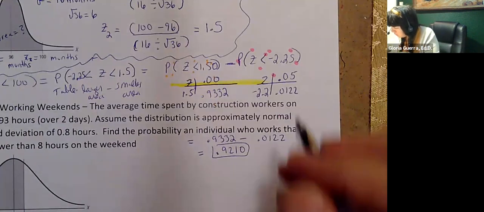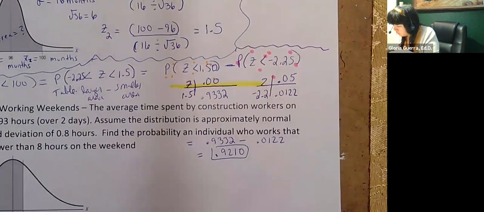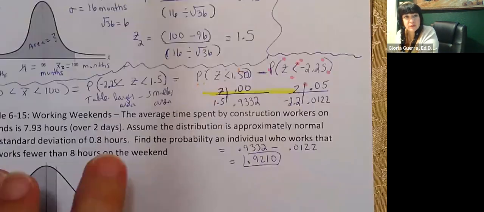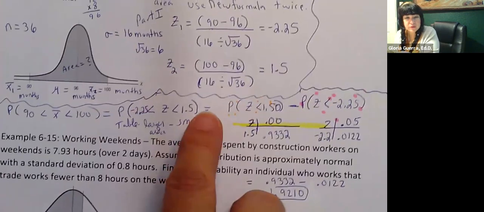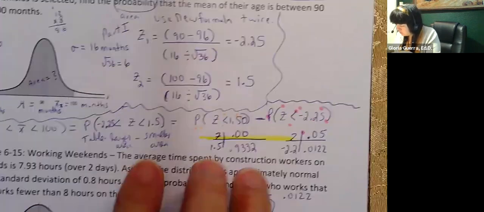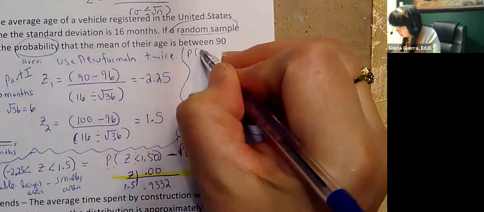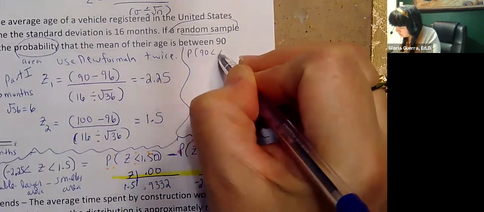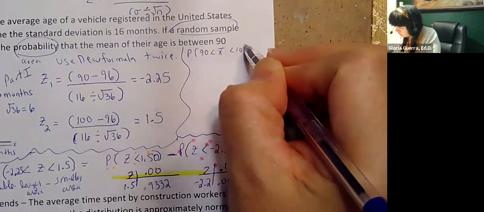I'm running out of space. So this part would be the same. This would be the same. And then what's different is this would be your calculator command, but this part would be the same. So you would still start off with probability, and these were X bars, those sample means that were stuck between 90 and 100.